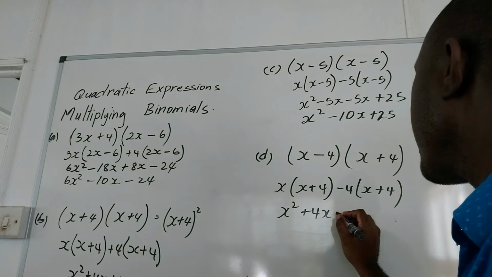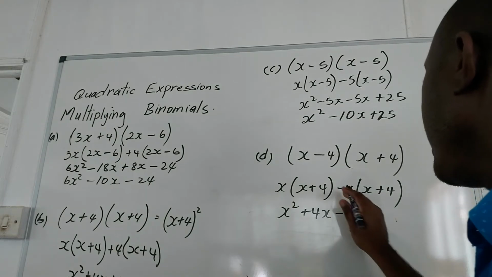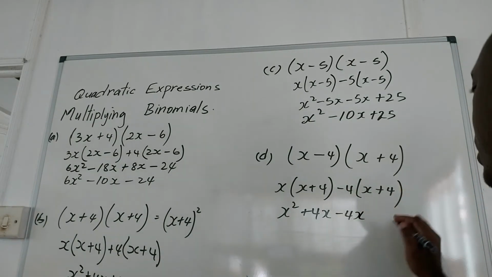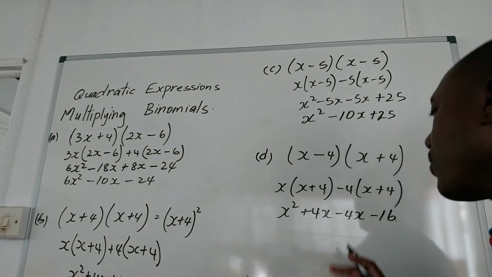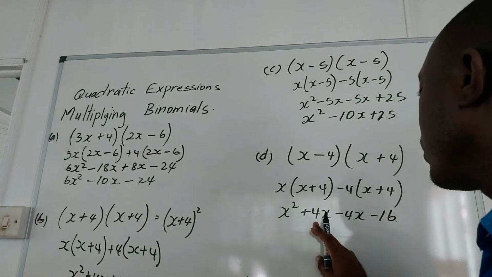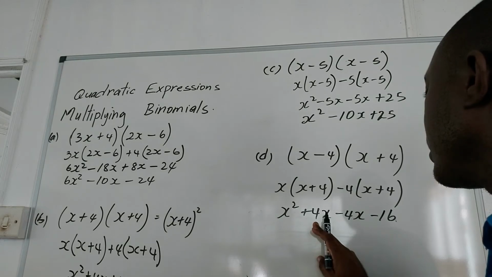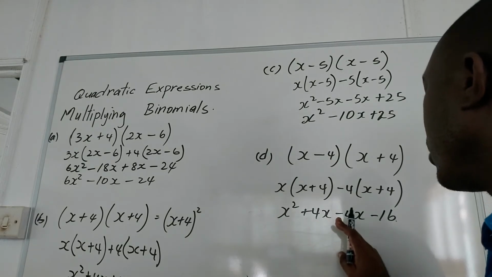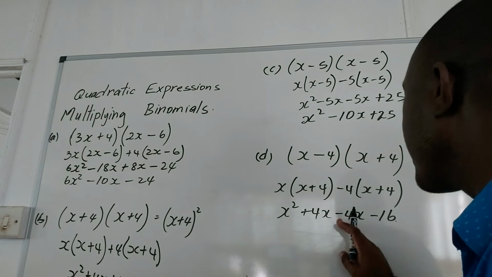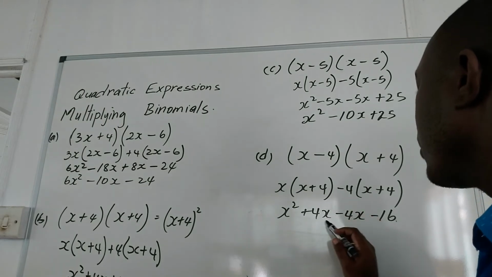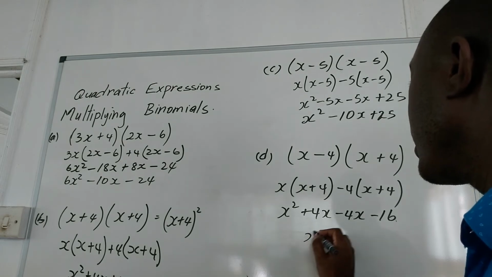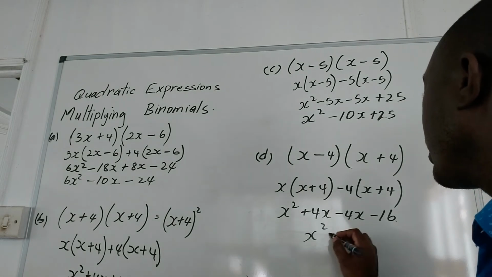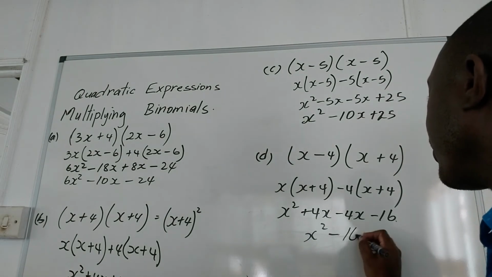Negative 4 times x, and negative 4 times positive 4 will give us negative 16. Now we have negative 4x plus positive 4x, which will give us 0. So what we're left with is x squared minus 16.